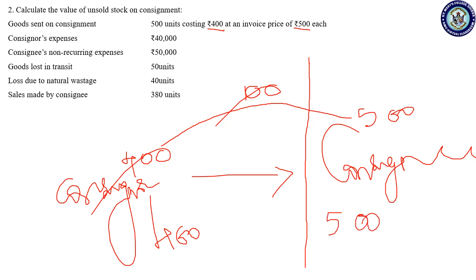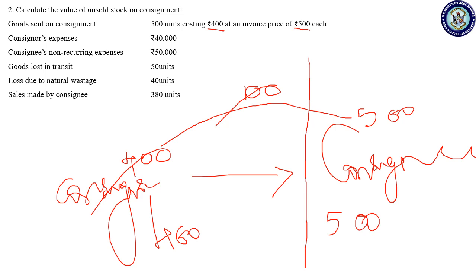I repeat, if any calculation is done before the goods are received by the consignee, you have to take 400 as the cost. Why? Because that 500 is recorded when the goods has been consigned to the consignee. That is, after the consignee receives, that 500 should be recorded. But before that he incurred a cost of 400. So any calculation before the goods are received by the consignee, 400; after, 500.